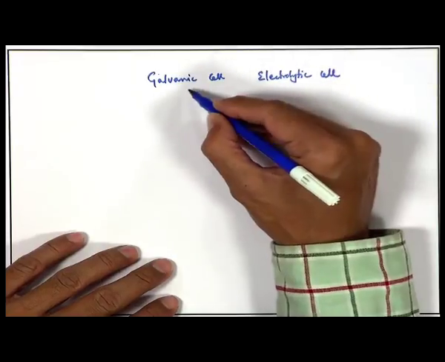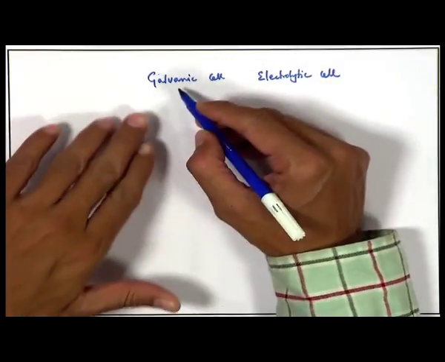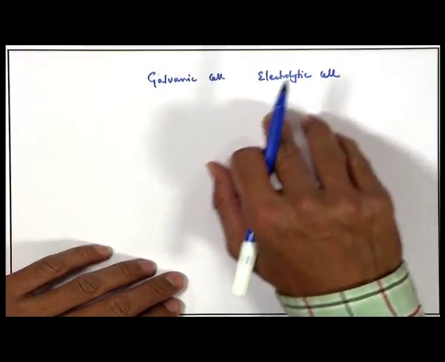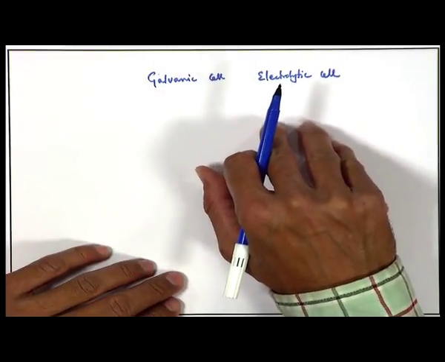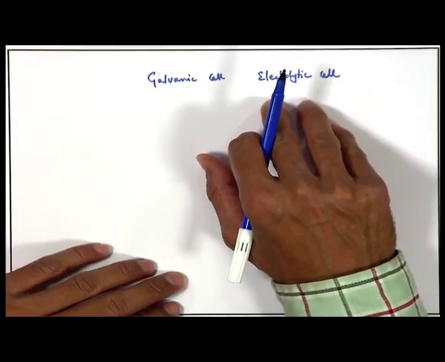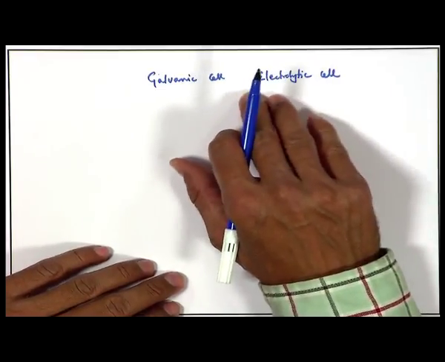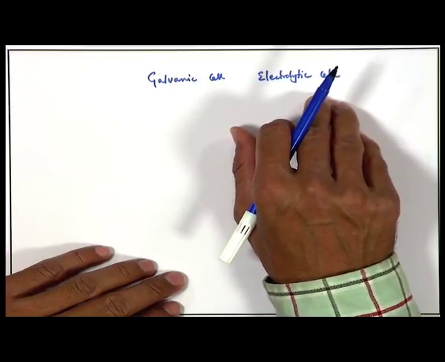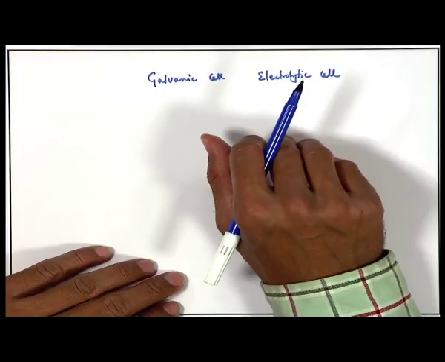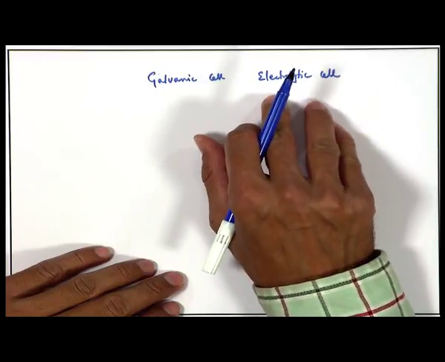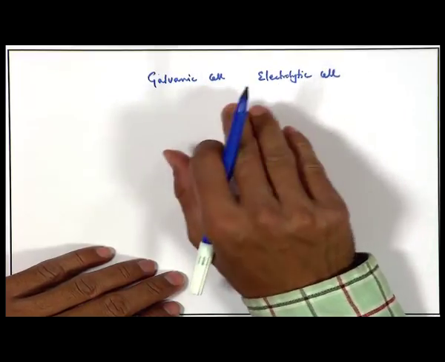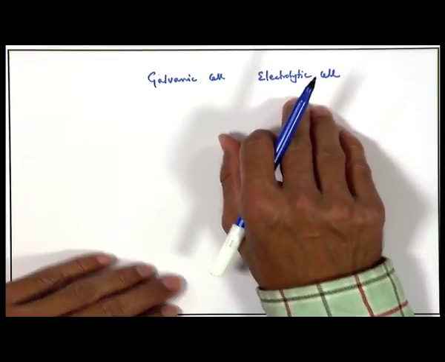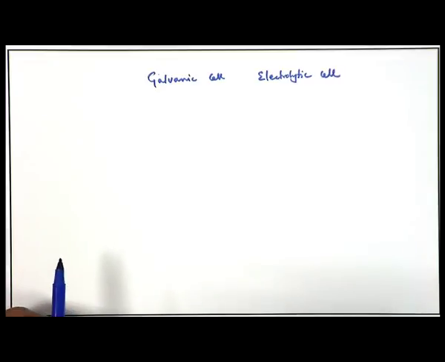In one case we are getting electricity out of it, that is, chemical energy has been converted to electrical energy. In this case you apply electricity from outside, so that the natural direction of the reaction is reversed. If you bias the cell in an appropriate fashion, then the natural direction of the reaction will be reversed, and as a result electrolysis may take place.